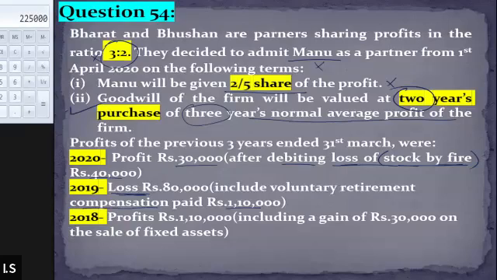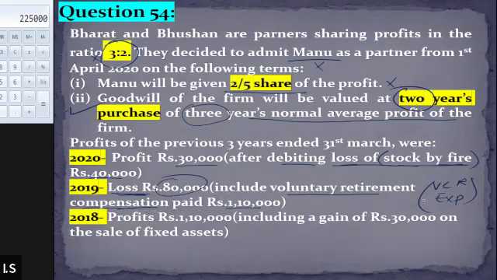Okay, see, in this question, in the year 2019, we have a loss of 80,000, right? But this loss has been calculated after subtracting a voluntary retirement compensation expense. Now tell me, do you think voluntary retirement compensation is a normal expense of the business?